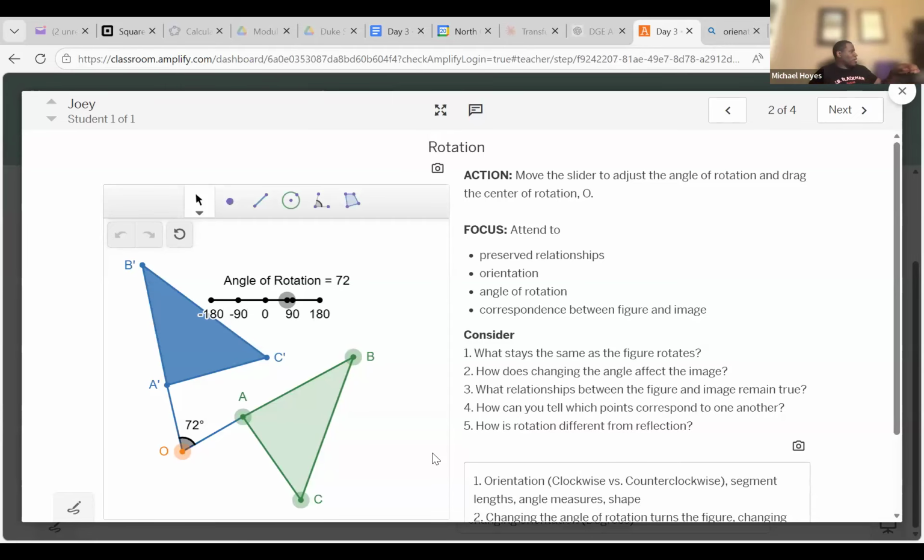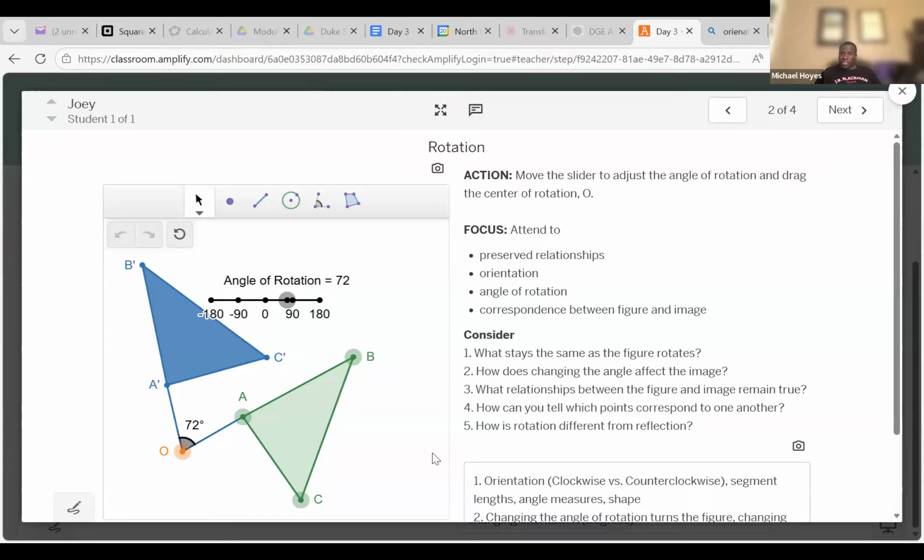If you were to connect the pre-image to the center of rotation, and the image to the center of rotation, the angle between them should be the same as your angle of rotation.